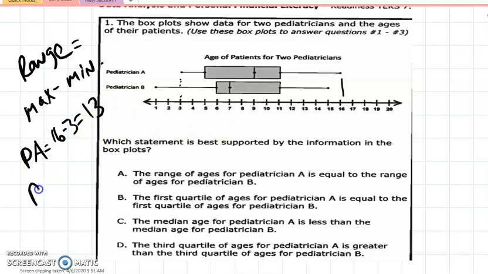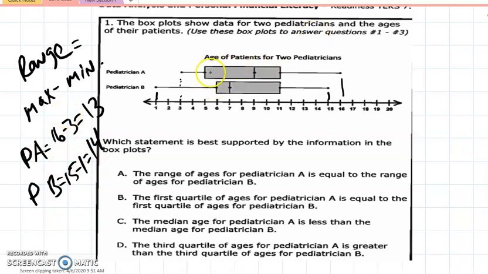For penetration B, his range is from 15 to 1, so 15 minus 1, which is 14. As you can see, the range for penetration B is more than penetration A.